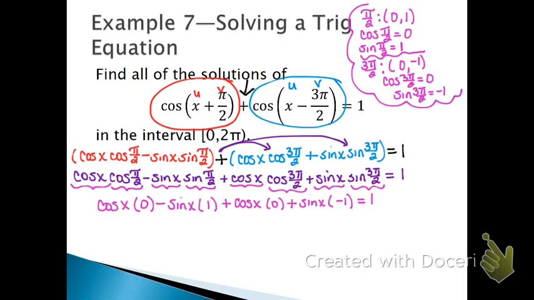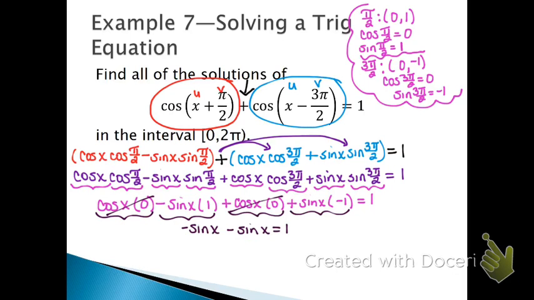Alright, so now we're multiplying. So what is cosine of x times 0? So we say it's gone. What's negative sine of x times 1? Good. What's cosine of x times 0? And what's sine of x times negative 1? And we still have equals 1.